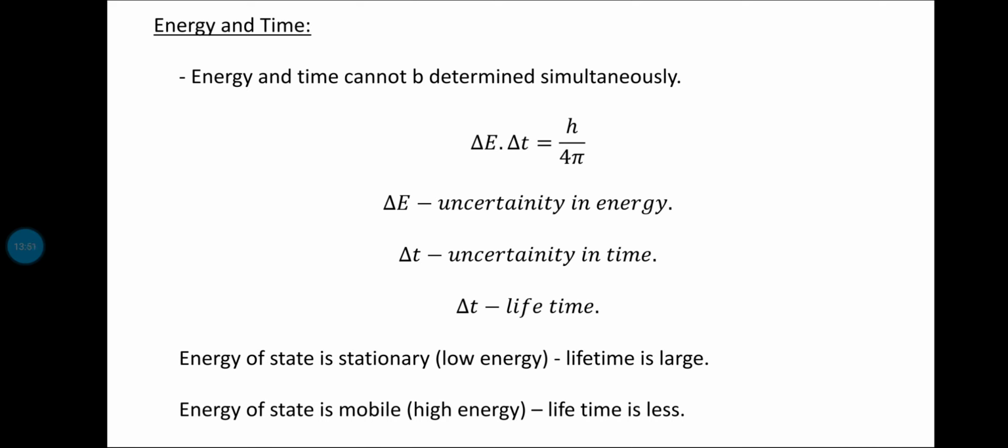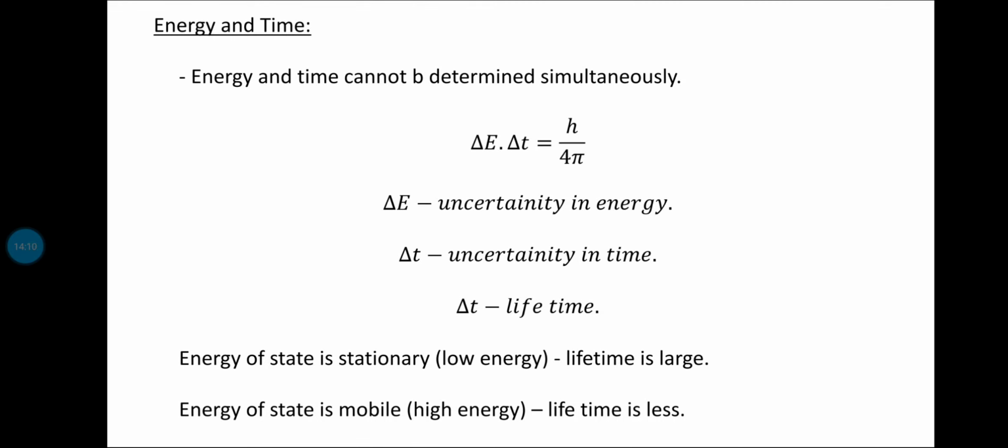So this is the definition. As we have given previously, the mathematical statement using these two variables is delta E into delta T is equal to h divided by 4 pi.